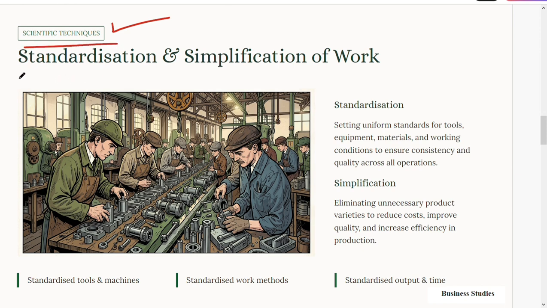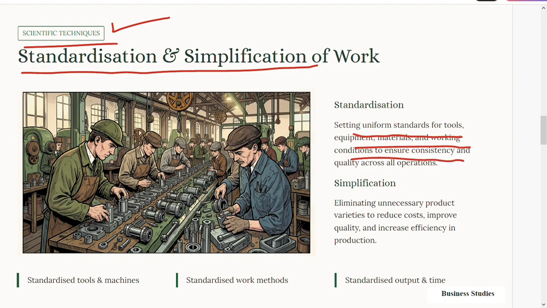The first is standardization and simplification of work. Standardization means setting uniform standards for tools, equipment, material, and working conditions to ensure consistency. That means when we have a factory or production work, we can have the standard tool for each and every one.